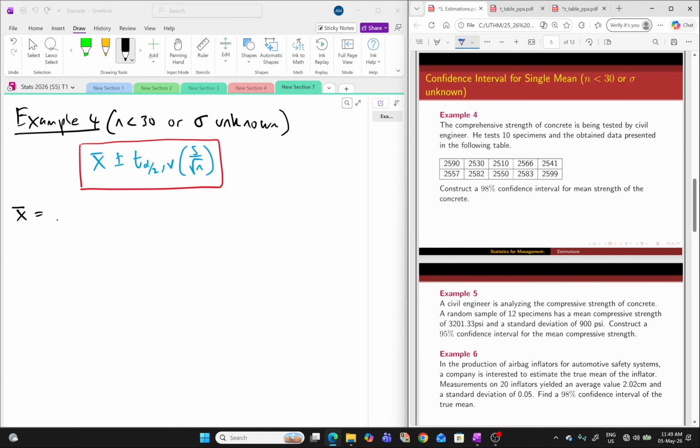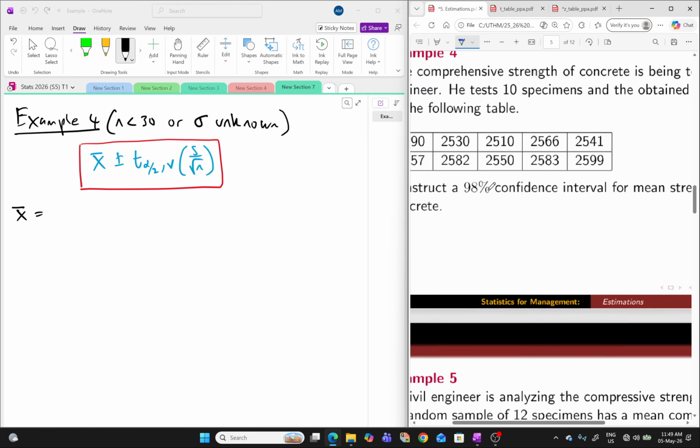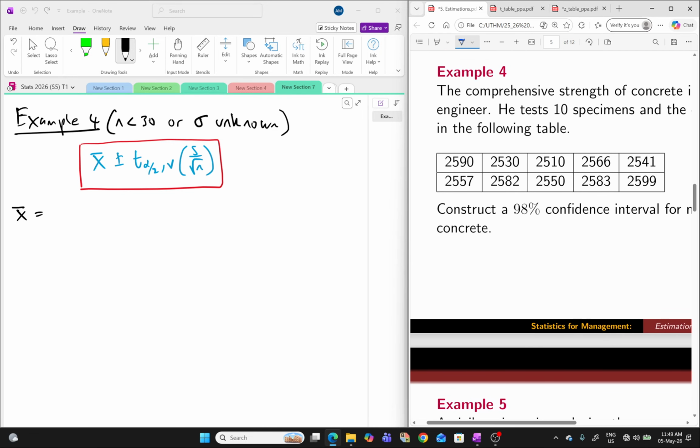In the calculator, cuba tekan semua ni, campur semua nombor ni, divide by 10. You should get 2560.8. You guys get this one? Right?